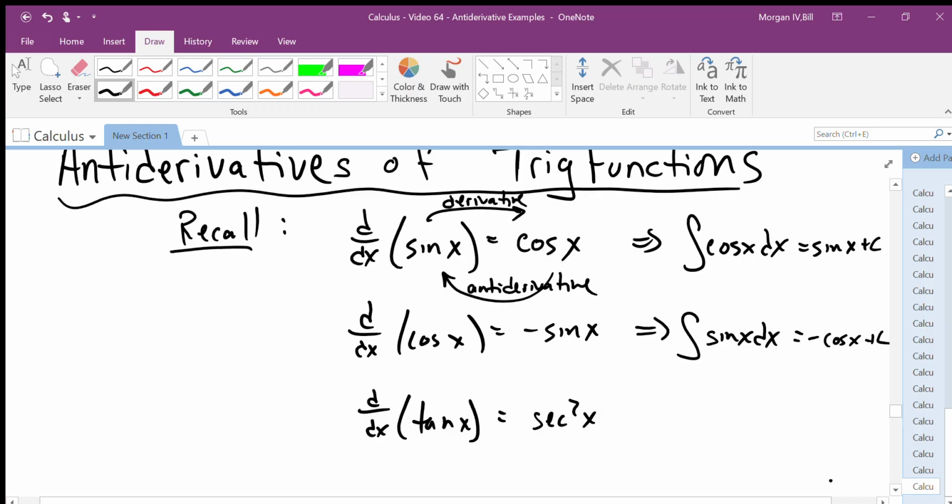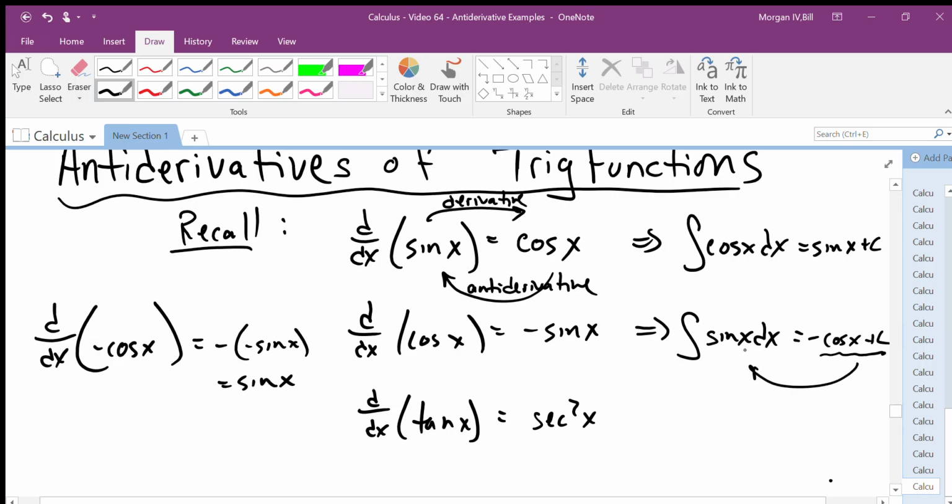And the reason is, the derivative of negative cosine of x is negative negative sine of x, which is just sine of x. So the derivative of negative cosine of x plus c gets us back to the sine of x function.